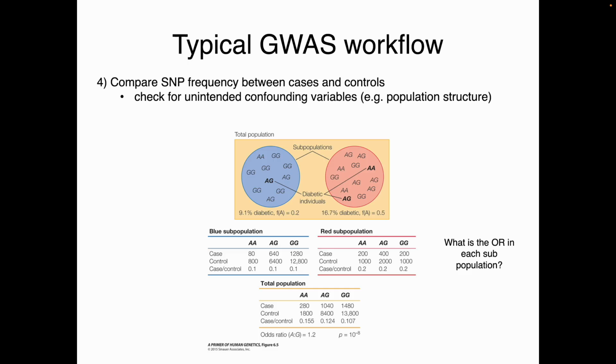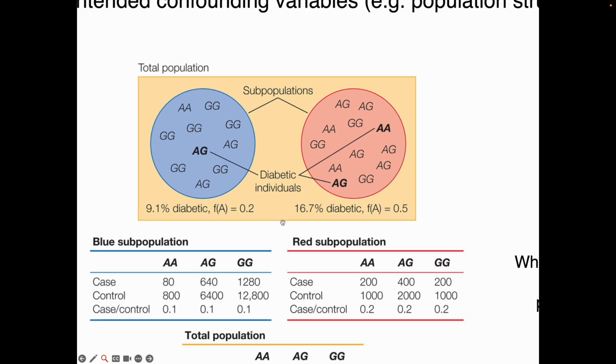That's problematic because you've got subpopulations with different allele frequencies. Underneath the blue and the red, you can see that the A allele is only at frequency 0.2 in that population, and the frequency of A in this population is 0.5, and the phenotype, in this case diabetes, is much lower in this population than in this population.